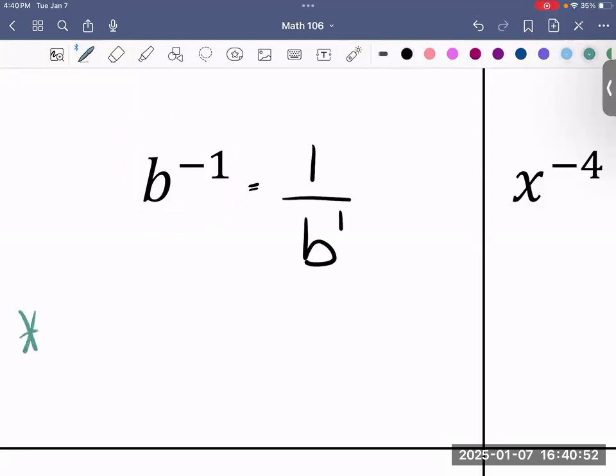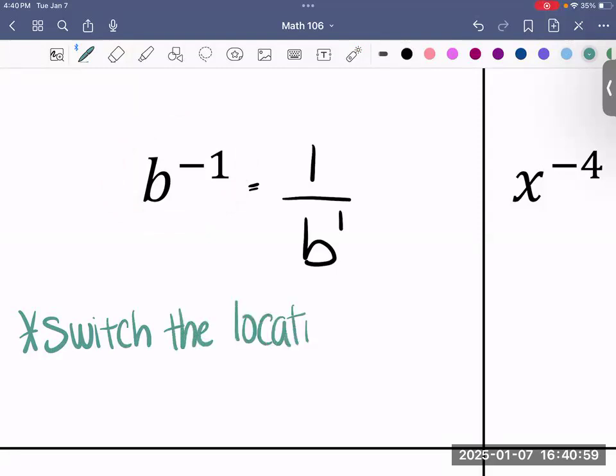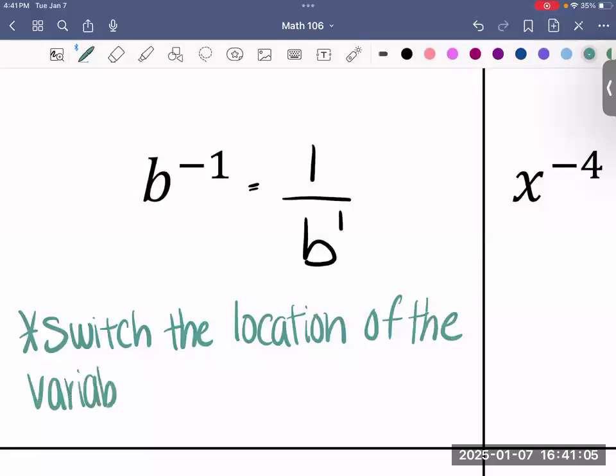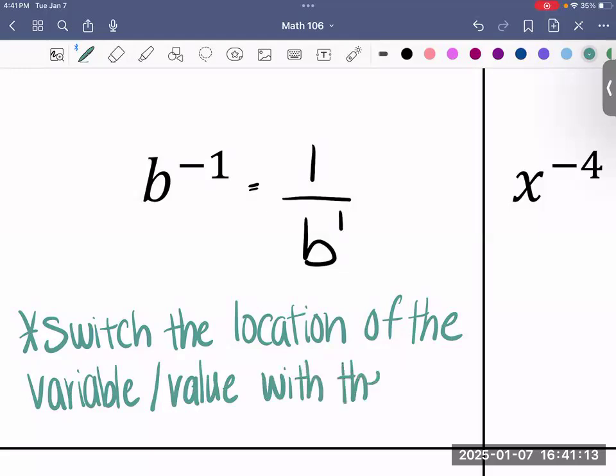So we switch the location of the variable or value with the negative exponent.